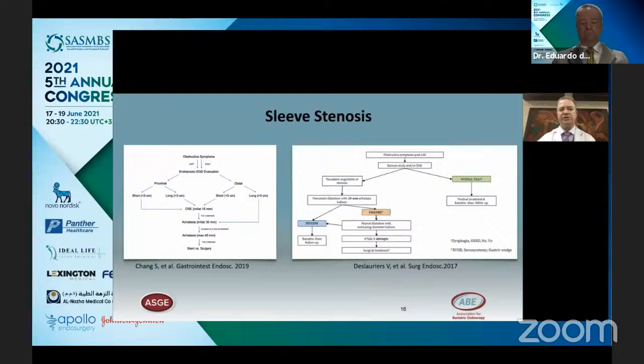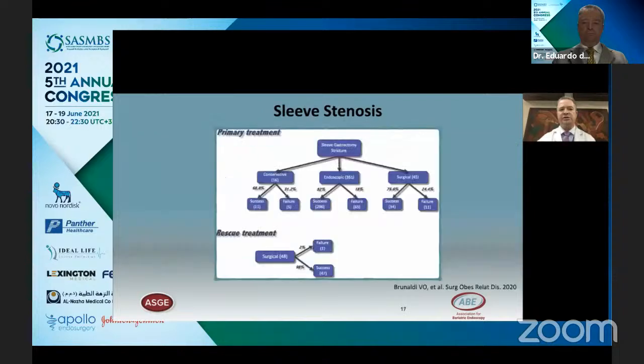Management of stricture post-sleeve gastrectomy includes clinical observation, endoscopic dilation with or without stent, seromyotomy, or ultimately conversion to gastric bypass. There are a significant number of publications suggesting an approach algorithm, such as the one published by Brunaldi in 2020.